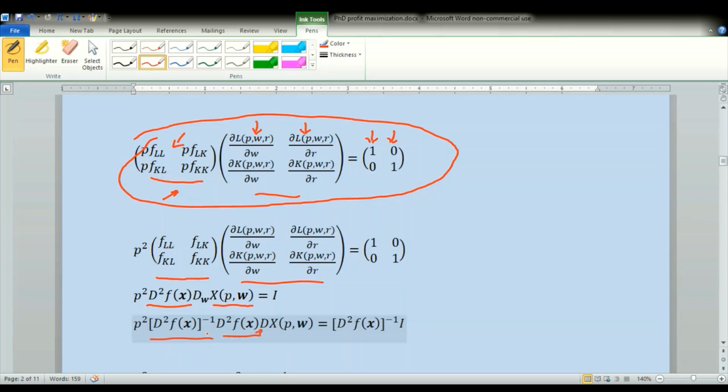I have sort of 1 into 1 identity matrix because I pre-multiplied this matrix of second derivative by its inverse.